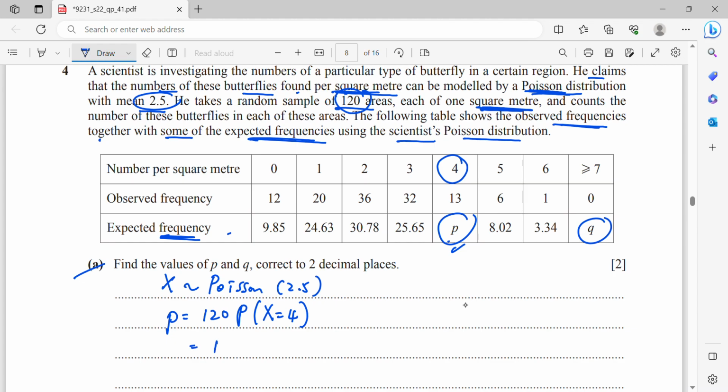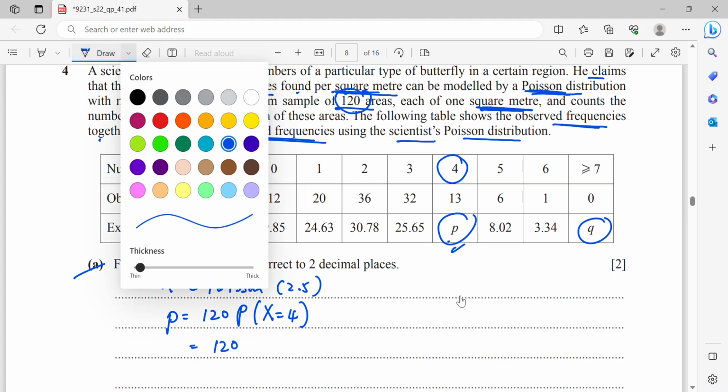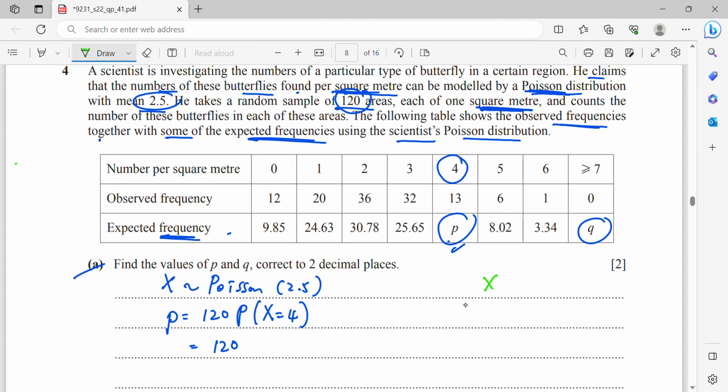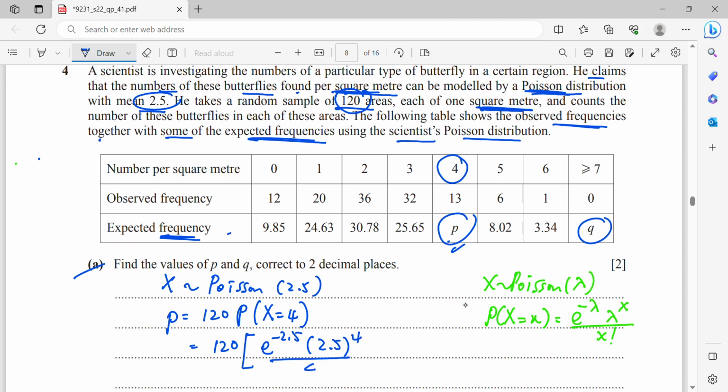For your information, for the Poisson distribution X is Poisson lambda, so P(X equals small x) is e to the minus lambda, lambda to the power x, over x factorial. So you just write e to the power negative 2.5, times 2.5 to the power 4, over 4 factorial.